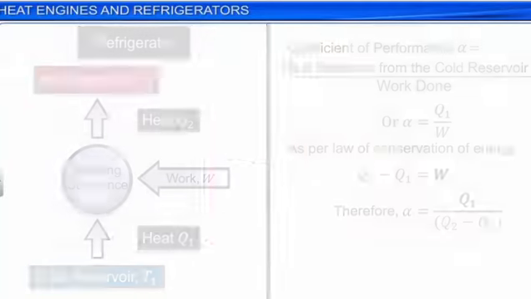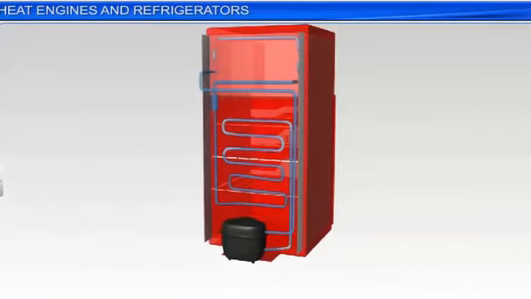The working substance in a refrigerator is called a refrigerant, and in many refrigerators, ammonia is used as the refrigerant. The main parts of a refrigerator are the compressor, expansion valve, and heat exchanging pipes.